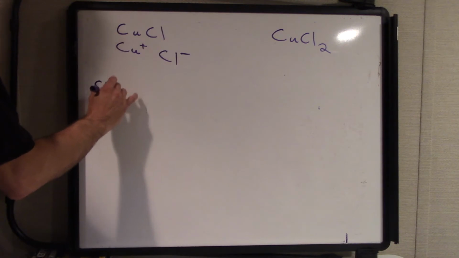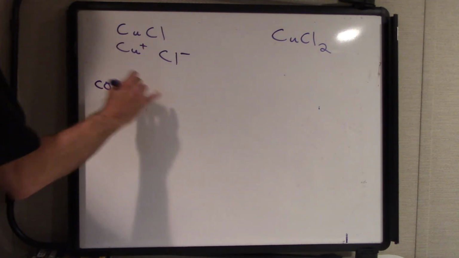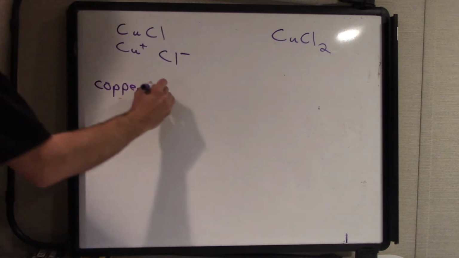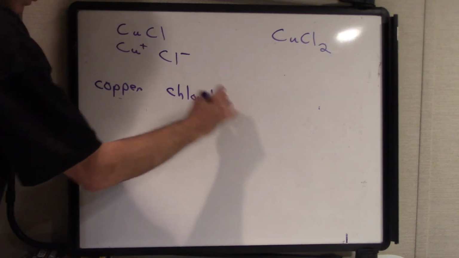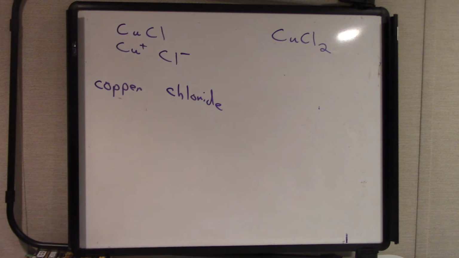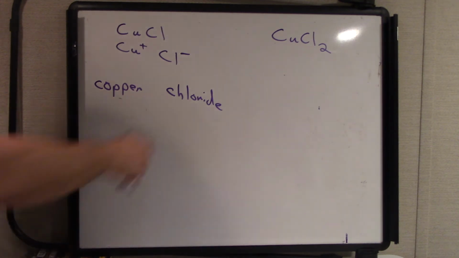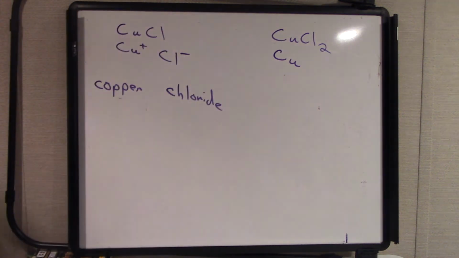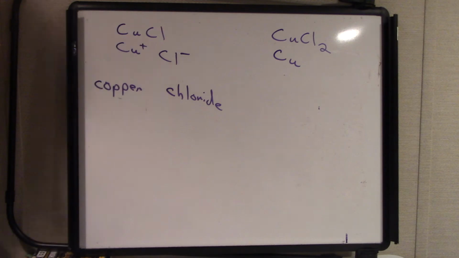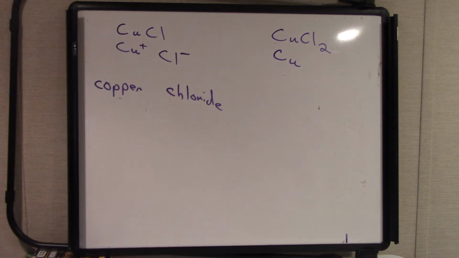So if I were to write the name of this, just using the rules we had so far, positive ion first, copper, negative ion second, I'd have copper chloride. Okay. Let's see what would happen on the right-hand side, though. Again, I have 1 copper ion that I don't know the charge of right away. You cannot tell the charge that the transition metal ion has just from looking at it on the periodic table.